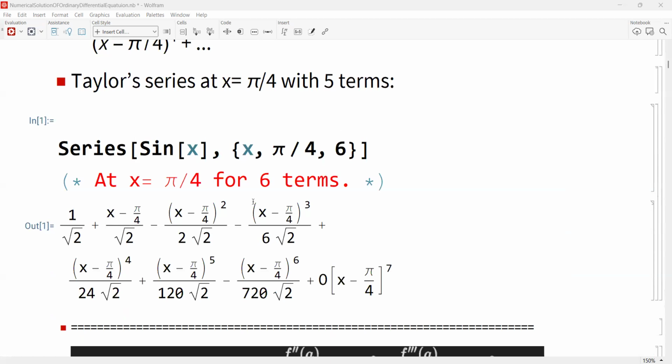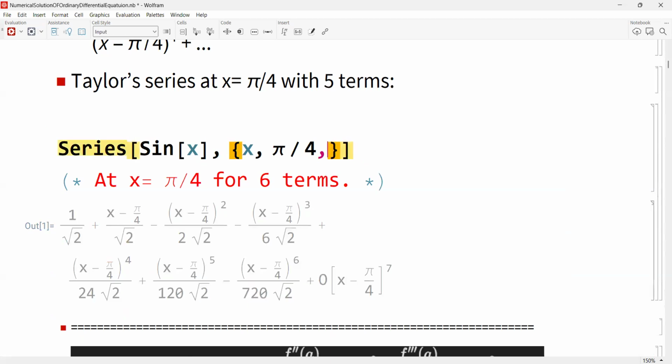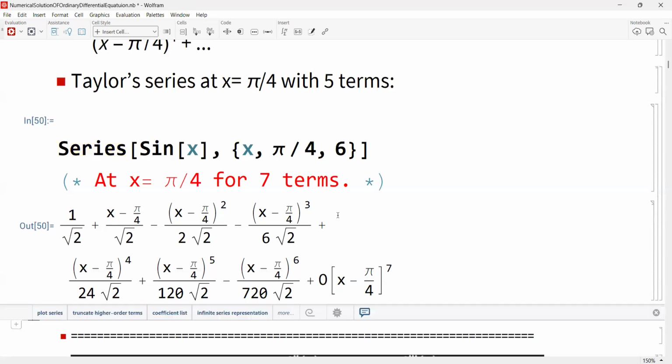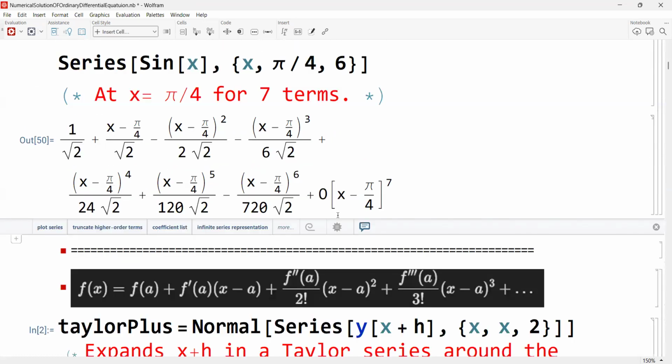So we have here 7 terms. But we have only up to the 6th derivative here. So if we have up to the 6th derivative, we have the 7 terms.